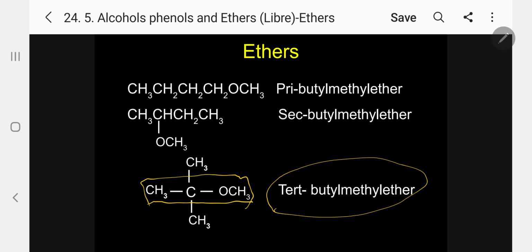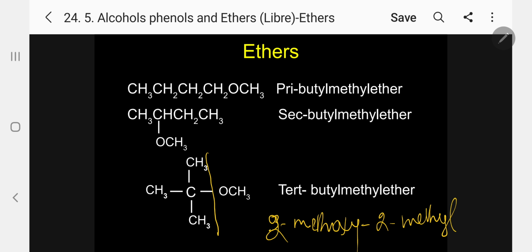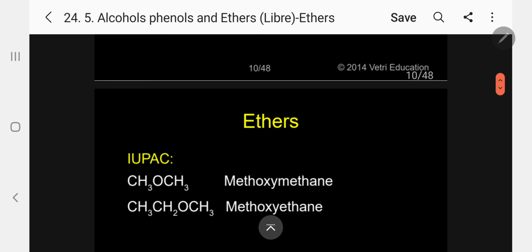So just see here the carbon, because this is the carbon, the 3 carbon atoms. So what we can say here, it is 2-methoxy-2-methylpropane. This is the IUPAC name. Kindly follow. You should be very careful.